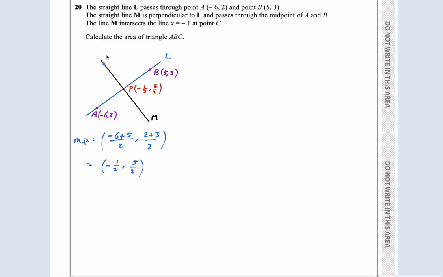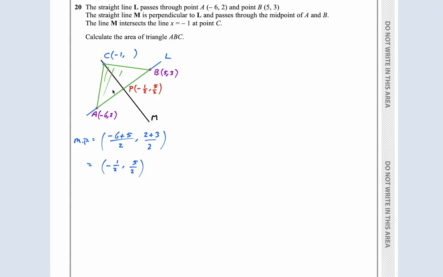This is C. And C has x coordinate -1. So when he says it intersects the line x equals -1, what he means is the x coordinate of this is -1 because it touches the line when x is -1. So I need to find the y coordinate because he wants to then find the area of the triangle ABC. So this triangle would be this triangle here.